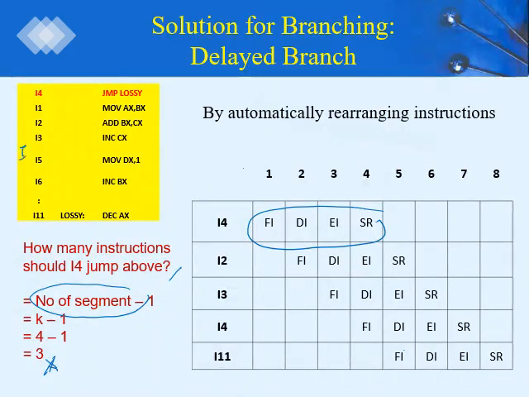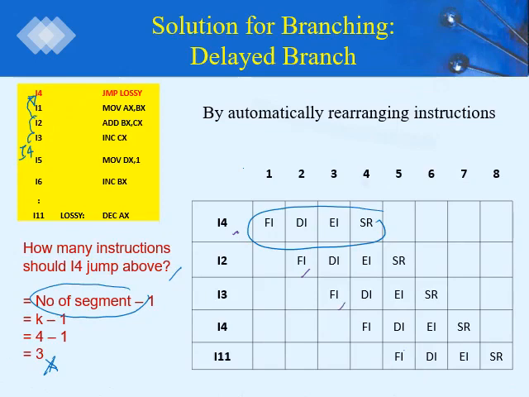So your I4 originally is here. So you jump 1, you jump 2, you jump 3. So your I4 will be at the start. If you see, we're going to start with I4. Meanwhile, I2 comes in, no problem. I3 comes in, no problem.